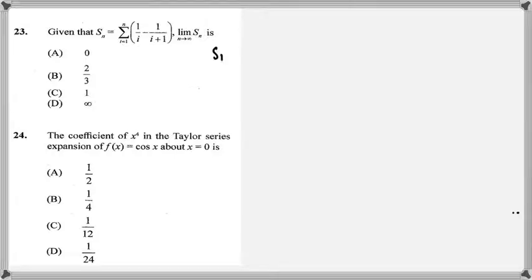So we have S subscript n is given by the sum from i equals 1 to n of 1 on i minus 1 on i plus 1. So using the method of differences, let's look at the first term, second term, and then we'll look at the second to last term and the last term. The first term, when i is equal to 1, would be 1 on 1 minus 1 on 2, right?